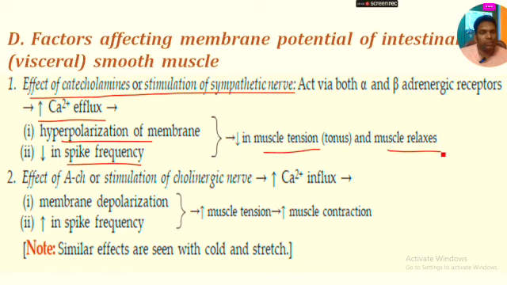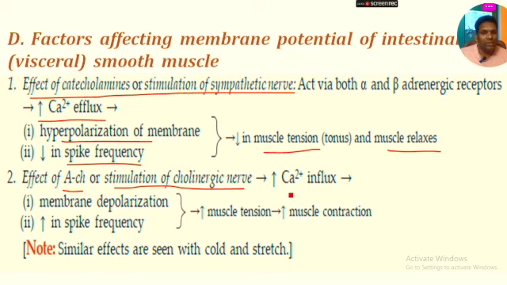There is another one, acetylcholine or stimulation of cholinergic nerve. In reverse, opposite to the above action, intracellular calcium influx causes not hyperpolarization but depolarization, with an increase in spike frequency.